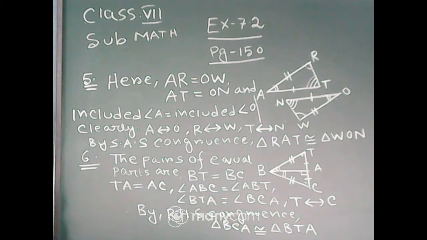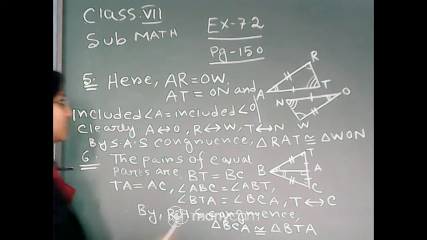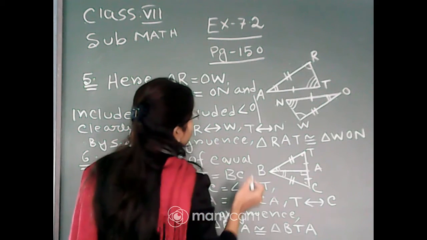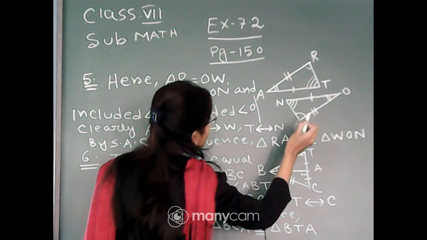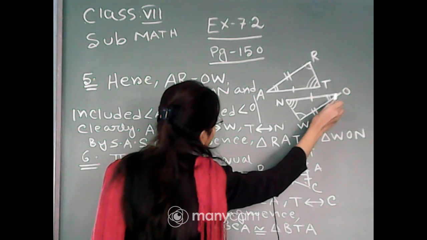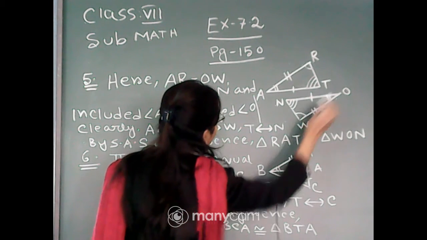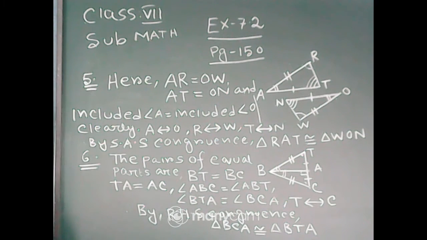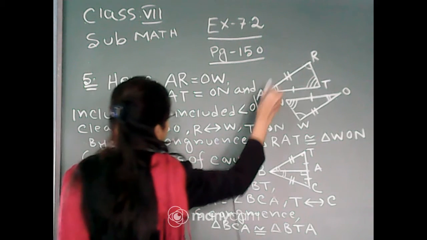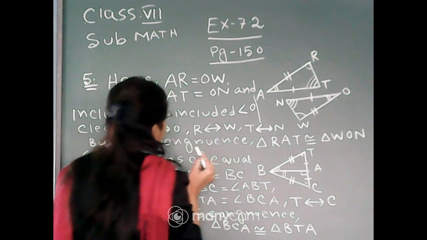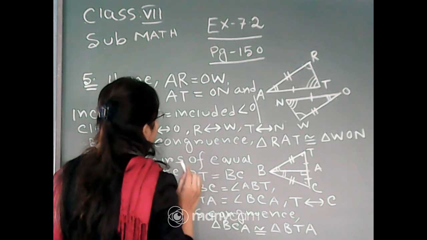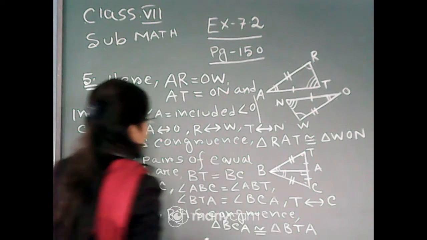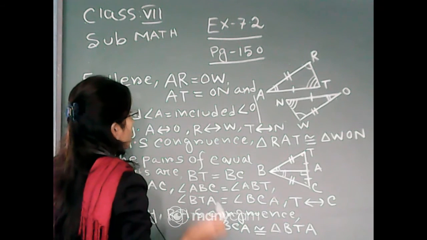Angle A is included between the sides AR and AT. Also, angle O is included between the sides OW and ON. Again I repeat, side AR of the triangle ART is equal to side OW of the triangle WON.